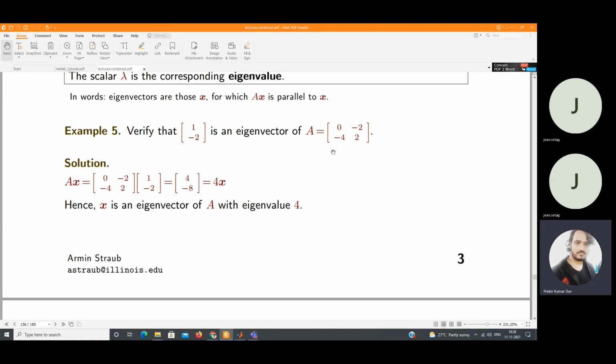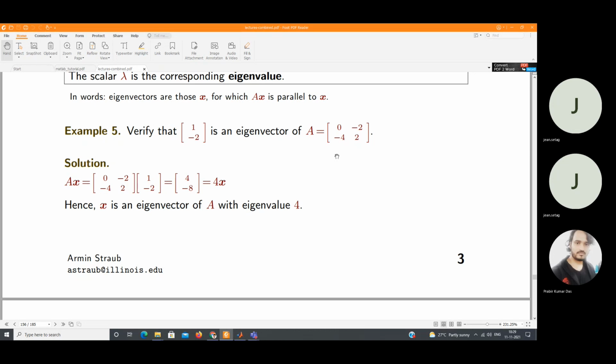So it will generate a second order polynomial equation. What is the equation? Lambda square minus 2 lambda minus 8. Now solve that equation by equating it with 0. Lambda is equal to -2 and 4.